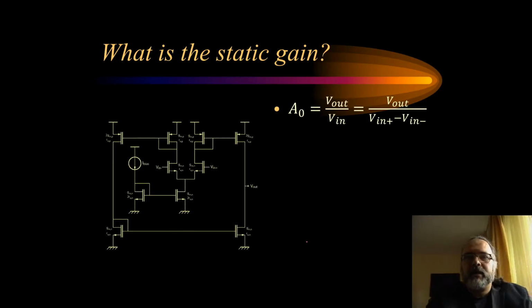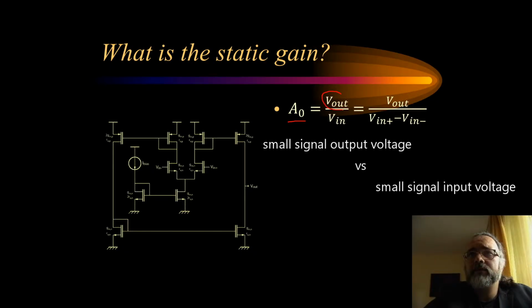Then let's analyze further this architecture and try to get one of its main properties, the static gain. So the static gain is defined as the output voltage against the input voltage.